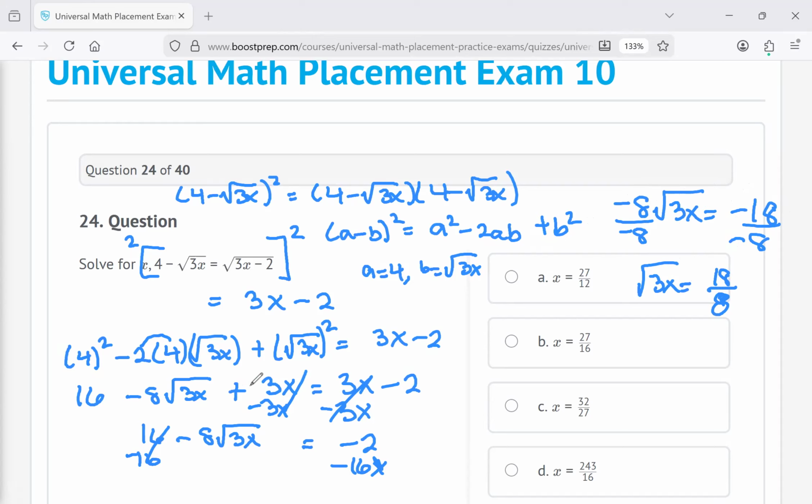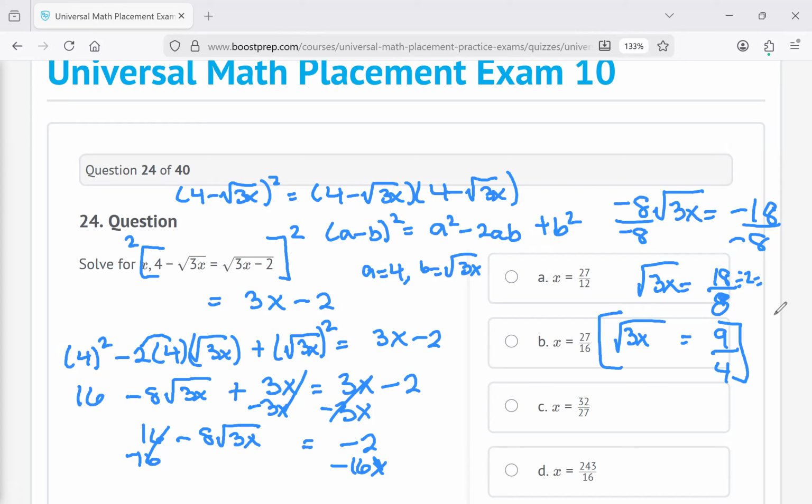Did I make a mistake? No. So then maybe I can reduce this. 18 over 8 can be reduced by dividing by 2, which gives 9 over 4. So square root of 3x equals 9 over 4.